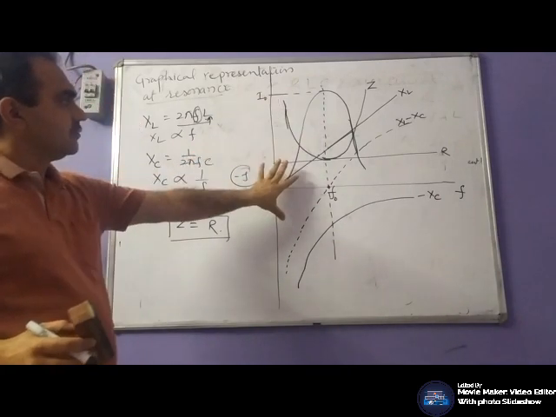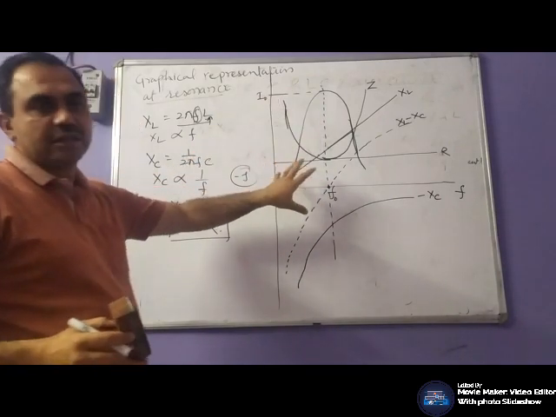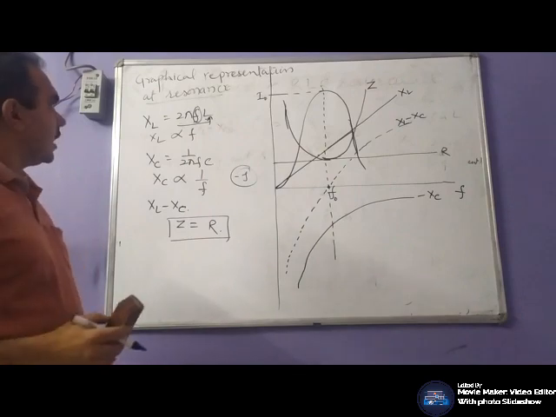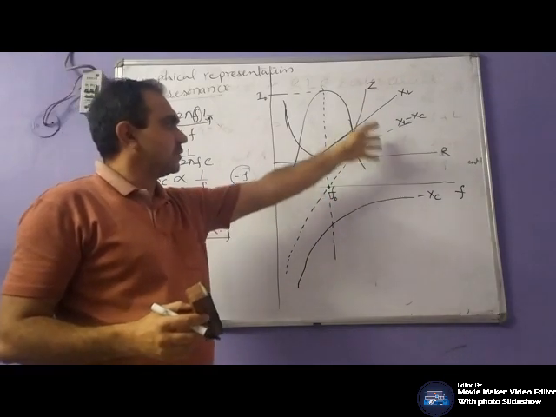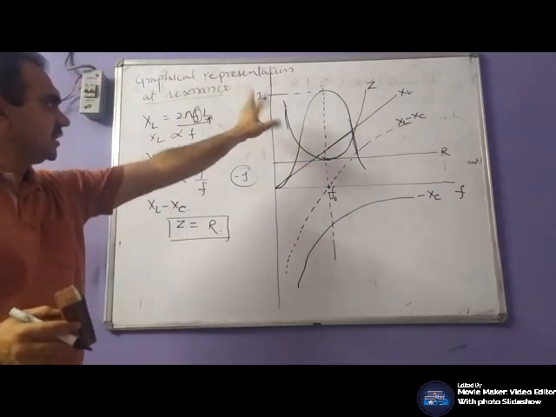So this we can represent in our graph for different parameters, for resistance, reactance, impedance, and for current.